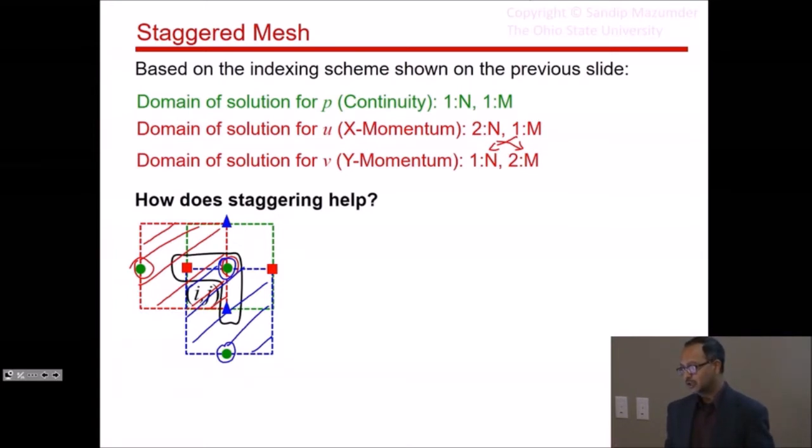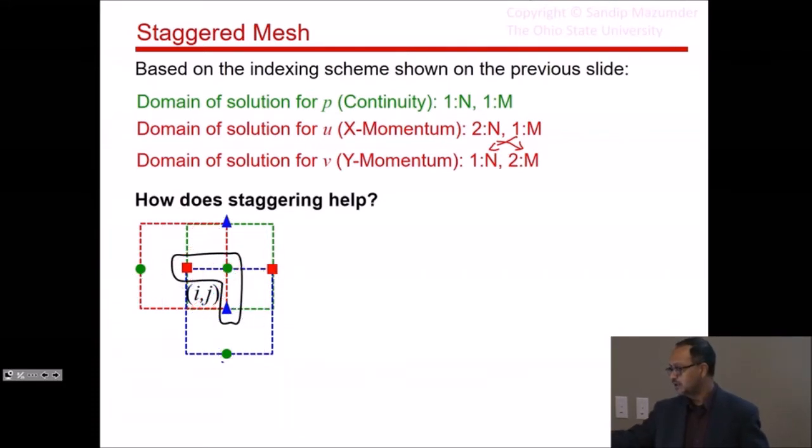Now you think about continuity. Let me wipe this out so it's clear. Continuity is being solved on this green control volume because that's my pressure node, right? We are solving for pressure using the continuity equation. So I'm conserving mass on that green control volume. To conserve mass, what do I need?